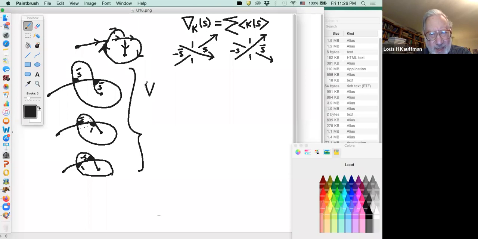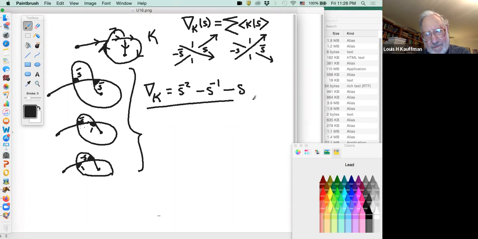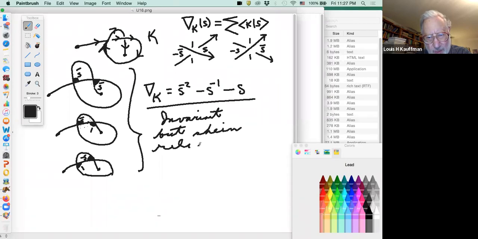So that says that delta K is equal to S inverse squared minus S inverse minus S. And this will be invariant, but the skein relation is not in general true.